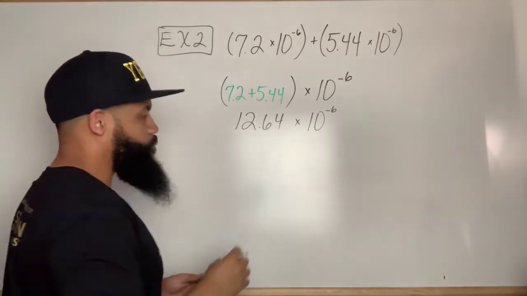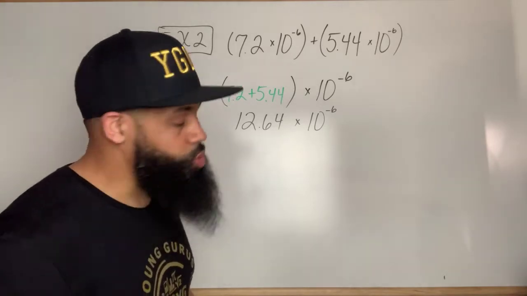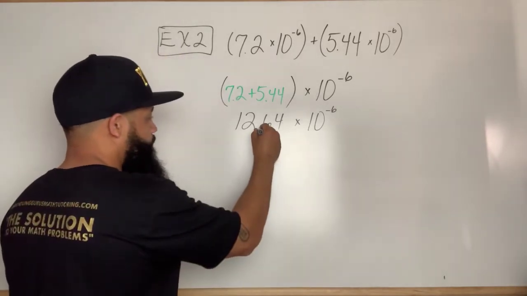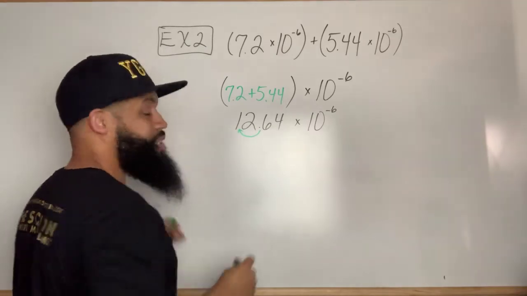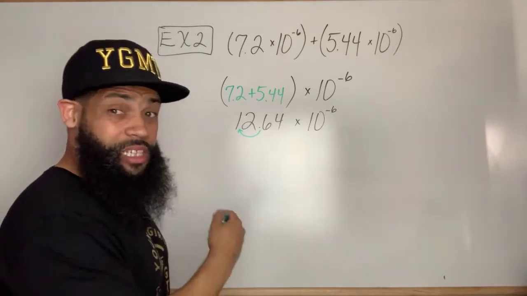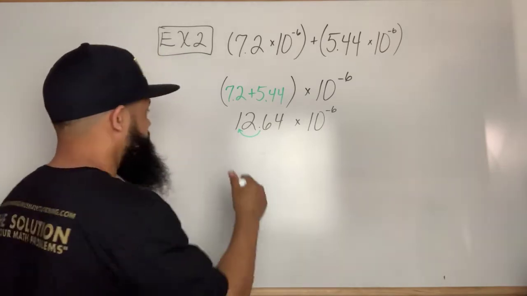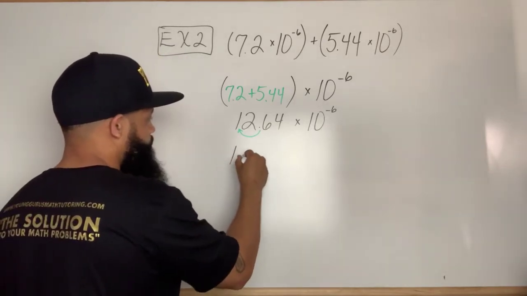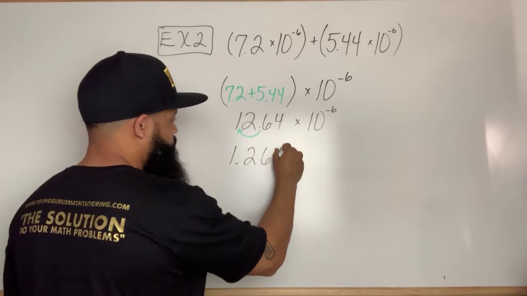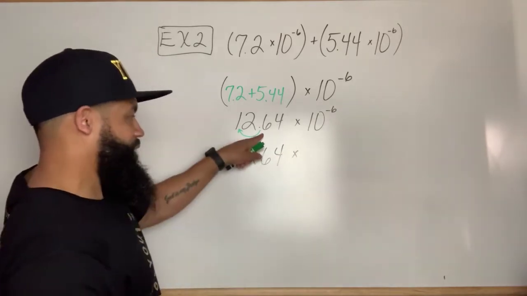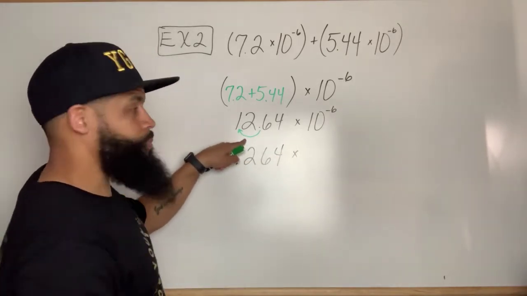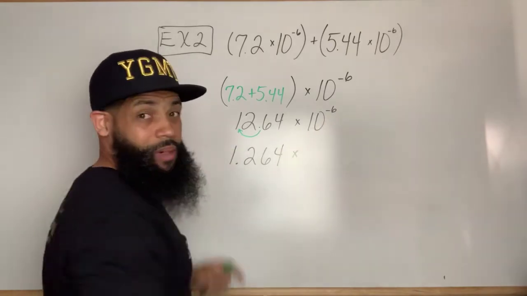All right. So what we can do is we can actually move this decimal place 1 to the left. Now, when I move that decimal place 1 to the left, it's like dividing by 10. So this is going to be 1.264 times. Now, if I divide this first number by 10, I need to multiply this one by 10.